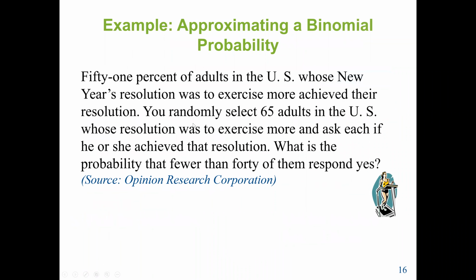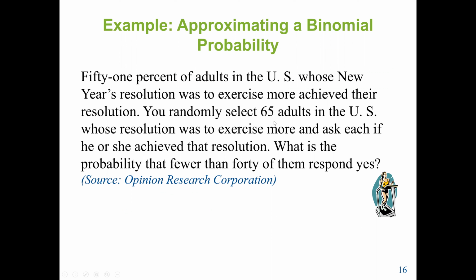So let's see one example here. They say 51% of adults in the US whose New Year's resolution was to exercise more achieve their resolution. That's 51% achieve it, so that will be our p value. If it's 51, then the q value will be 49, or 49%.